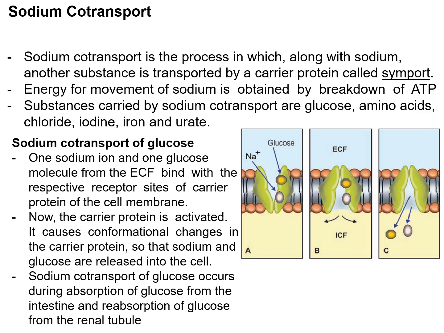So sodium, with the gradient from primary active transport, binds to the carrier protein, but it will not bring sodium inside until it also binds to the glucose. After that, we get a conformational shape change and it brings both of them to the inside of the cell.